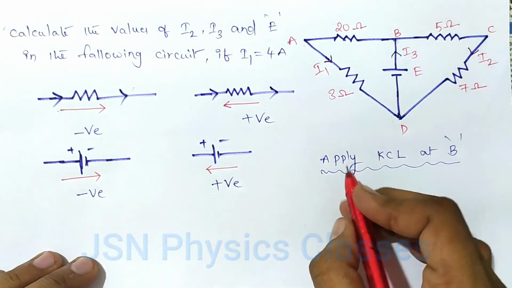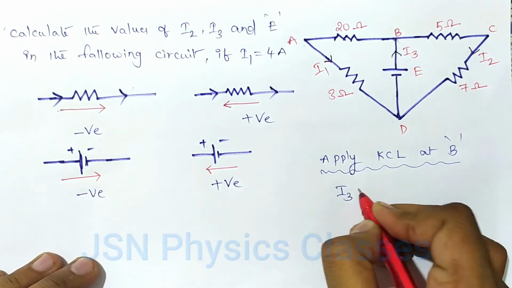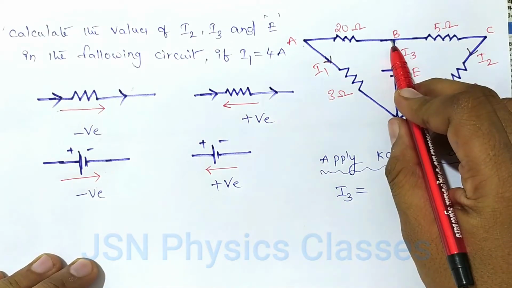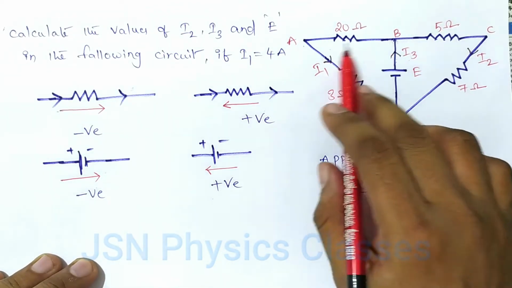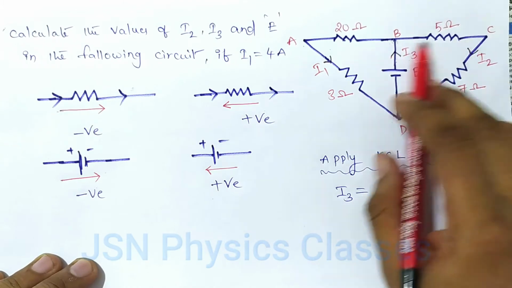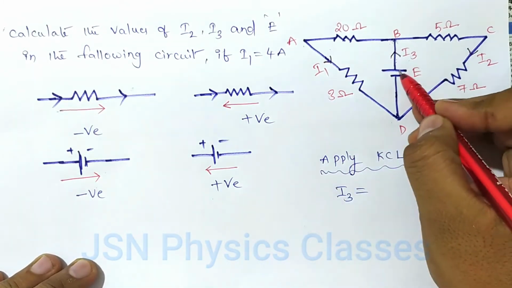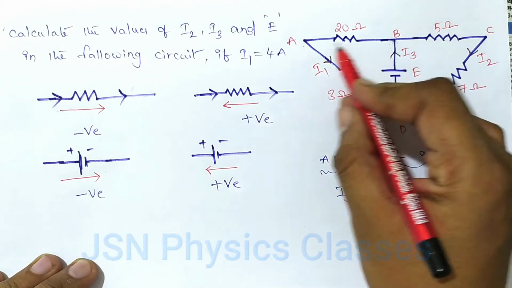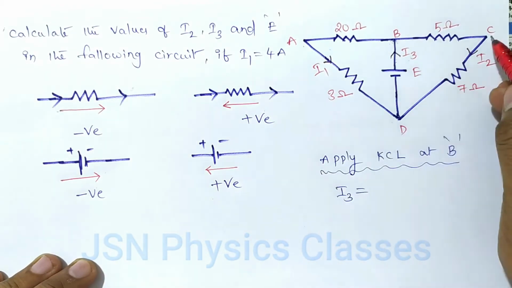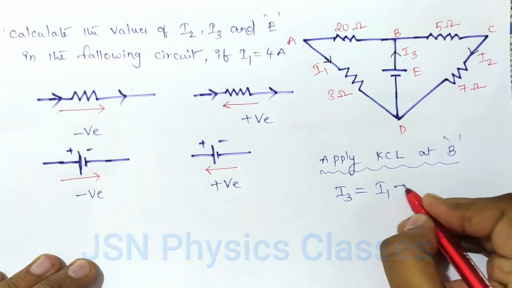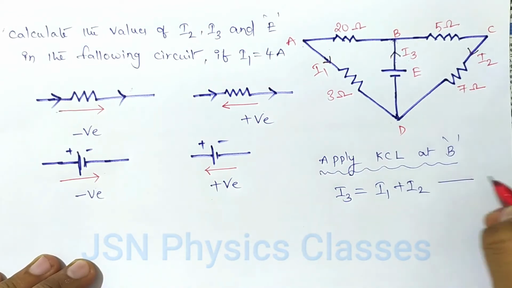So I3 is towards the junction, and I1 and I2 are leaving the junction. So I3 is equal to I1 plus I2. Let this be equation 1.